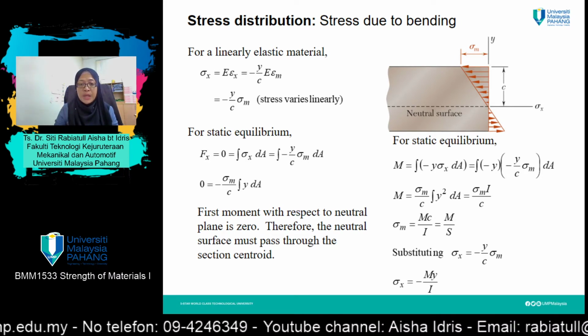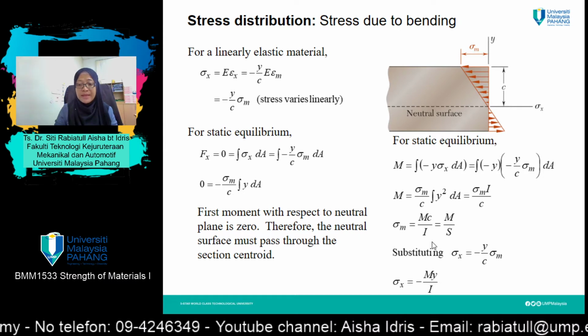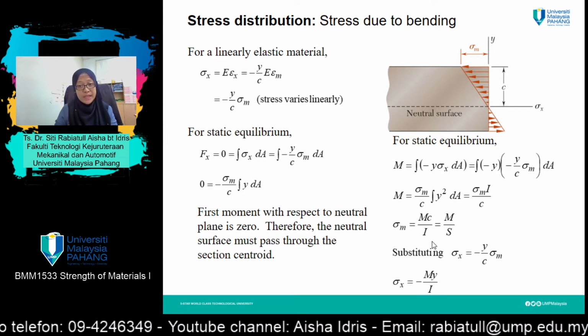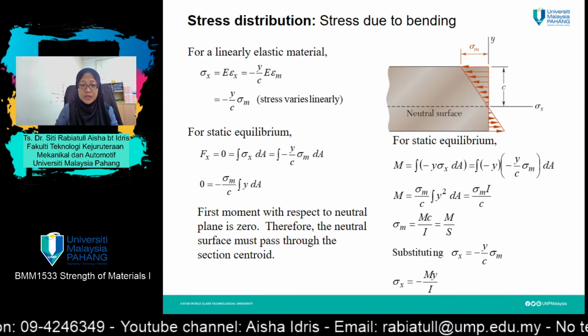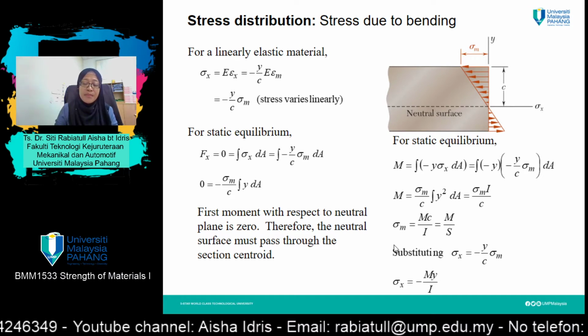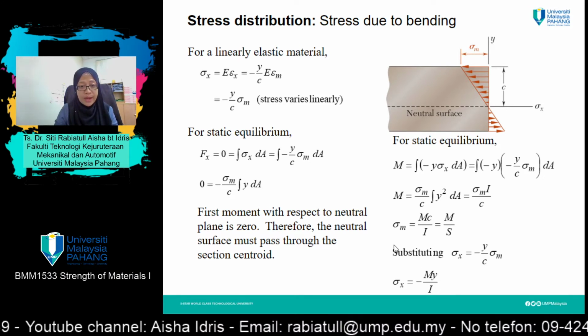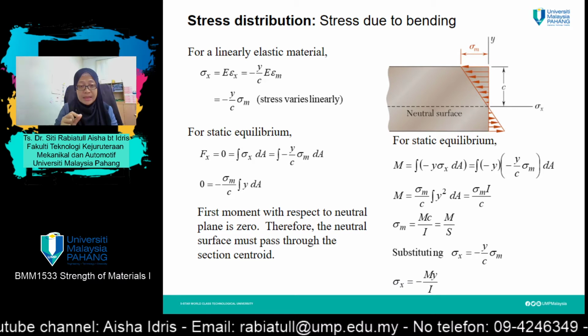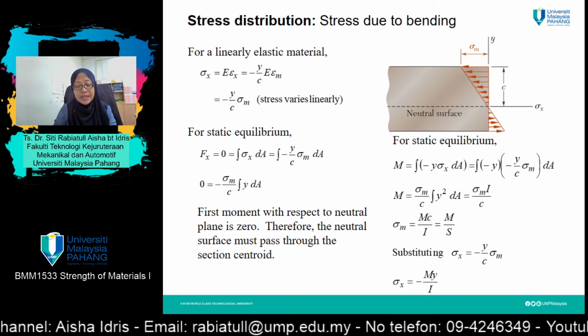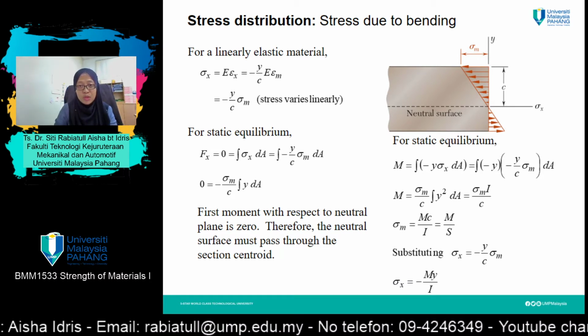From this calculation, the formula that you need to remember for stress due to bending is sigma equals My over I. It is either negative or positive, depending on which side we want to find the stress.